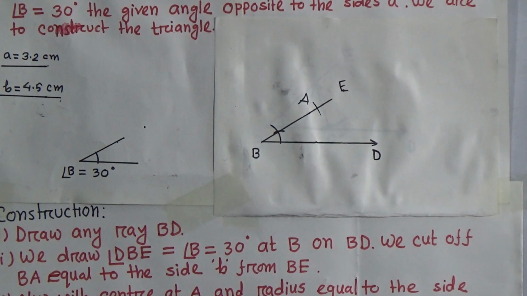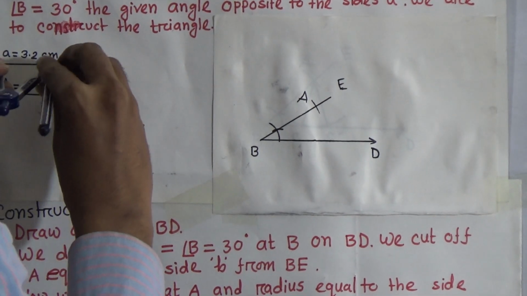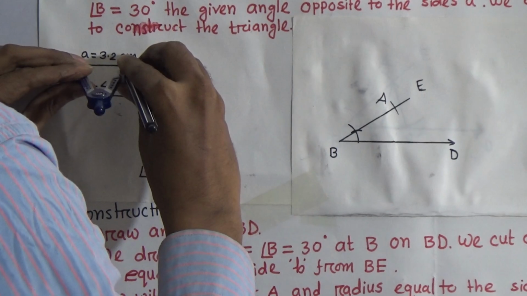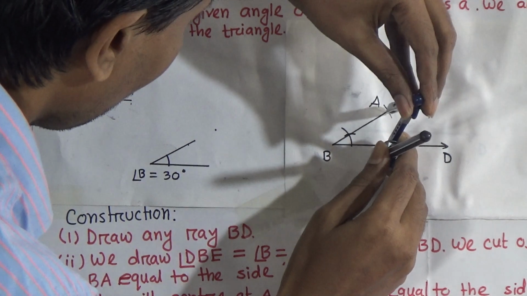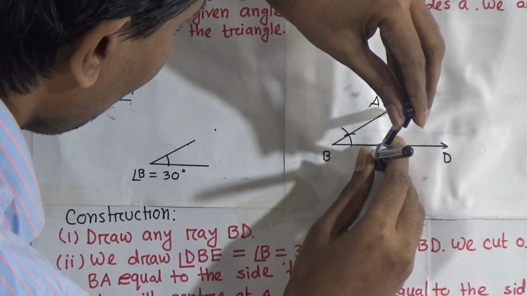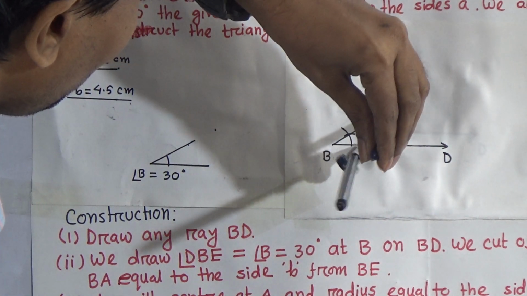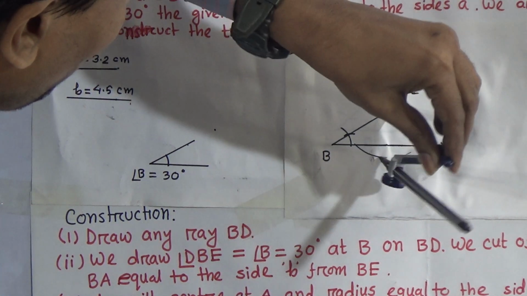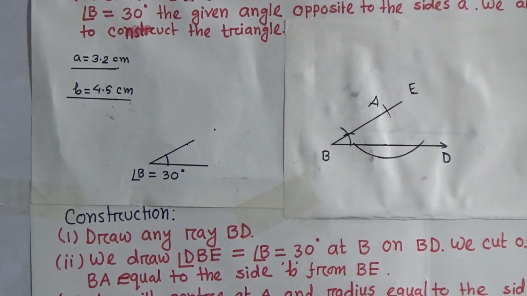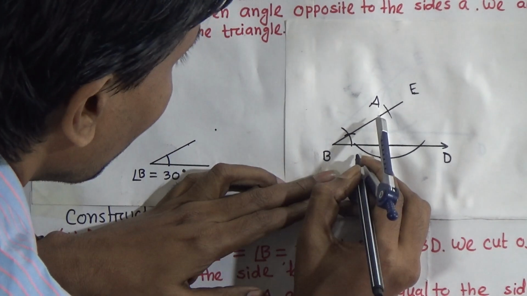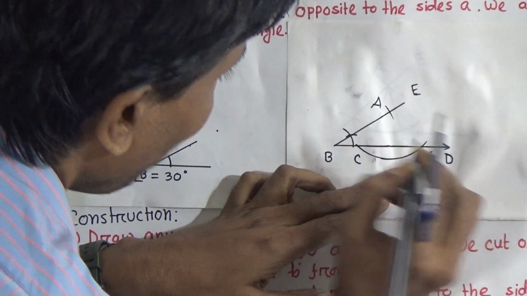Understood? Now taking A as center, we have to draw another arc. Like this way you have to draw another arc. Okay, and this name is C and this is C prime.